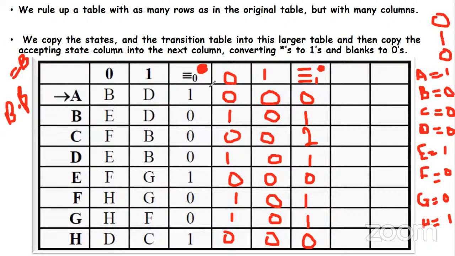Obviously, they are not the same. If all the outputs match, 1, 1, 0, 0, 0, 0, 0, 1, 1, 0, 1, 0, 0, 0, then we say they are equivalent. But if you just have a slight change, so this is 1, this is 0.